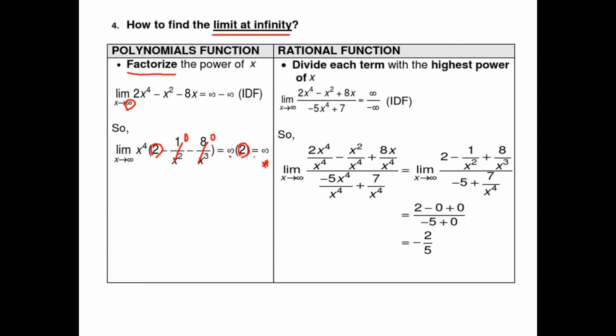For a rational function, we can find the limit at infinity by dividing each term by the highest power of x.